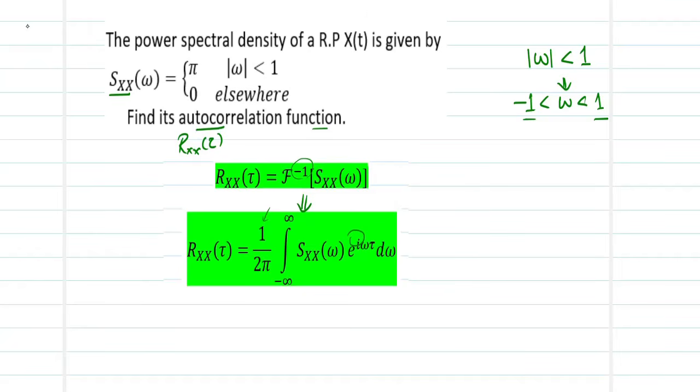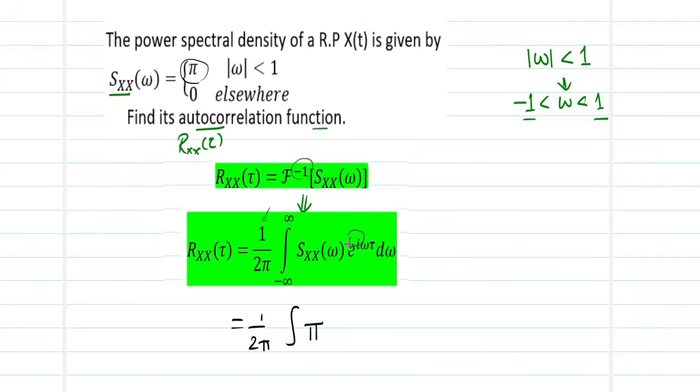The problem now becomes equal to 1 divided by 2 pi, integral over the limit, Sxx of omega, which is my input. The input function is going to be equal to pi, a constant. Only if your input is exponential do you have to keep it as exponential.